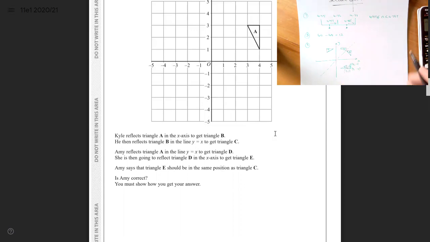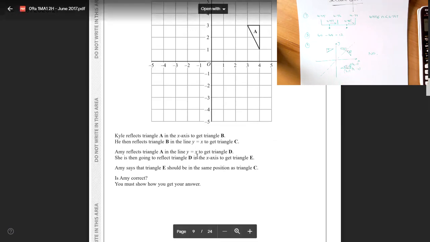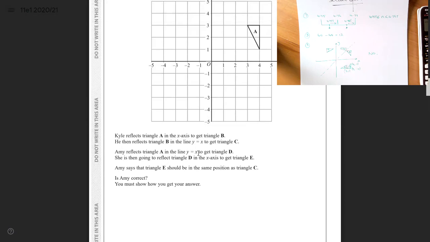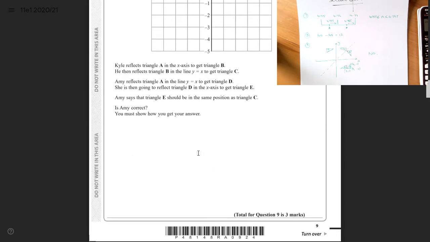Okay, is Amy correct? No, well, you've shown by doing all the reflections that they're not in the same position, so you don't need to write anything else because you've shown it on your graph.